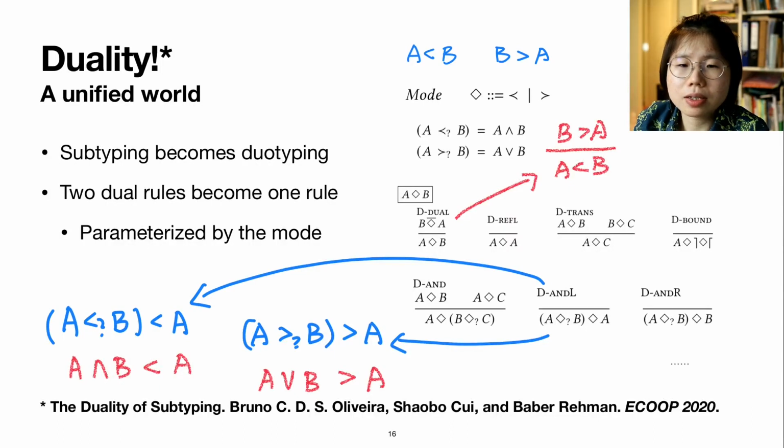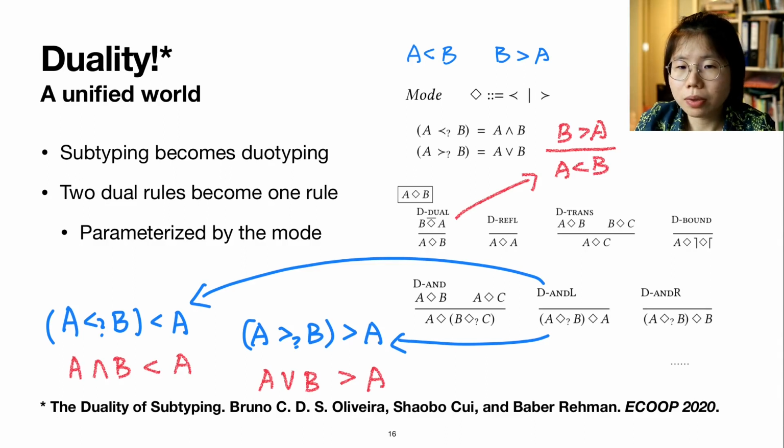Dual typing is an idea that extends subtyping by using a mode to define whether it's a judgment about subtyping or a judgment about supertyping. The mode can also be used to select between the two type constructors, intersection and union. So the two dual rules can now be unified into one.